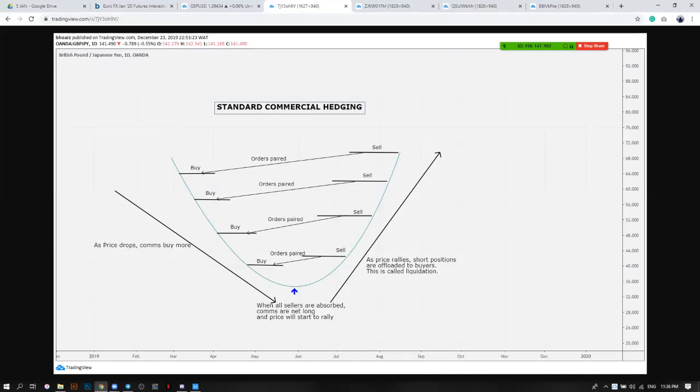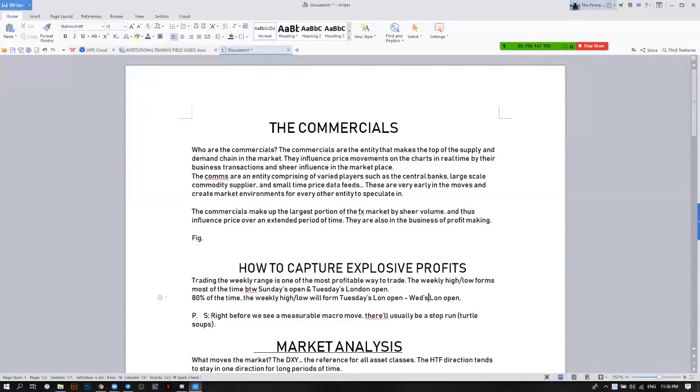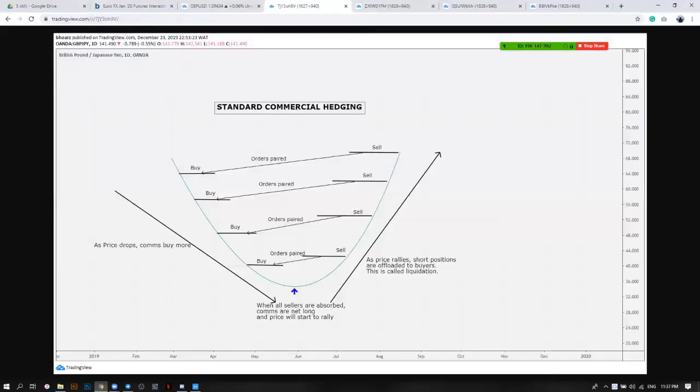So now, if you go back to the notes, I said they are very early in the moves. Before any other person is buying, they've bought the market already because they are the ones who cause the market to go up. Okay, so going back to the diagram, as the market drops, the commercials buy.